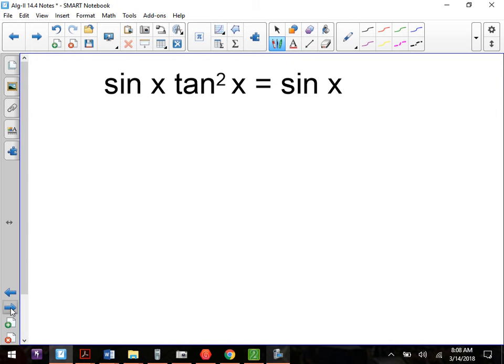If I set one side equal to 0 and I have to subtract the sine over, be okay with that? Now, if I subtract the sine over, does it take away the sine that's already on the left? No, it doesn't, because it's being multiplied. So if you subtract the sine, you want it with sine of x times the tangent squared of x minus the sine of x equals 0.